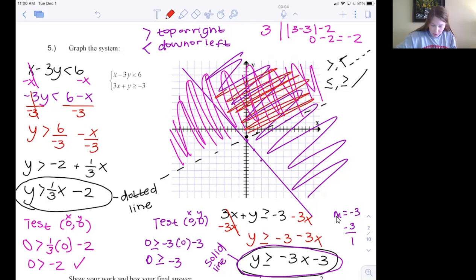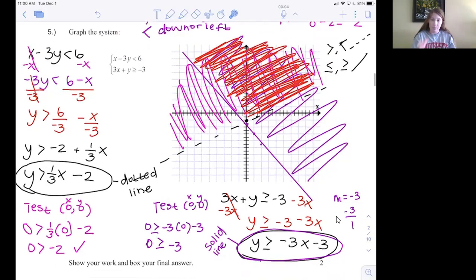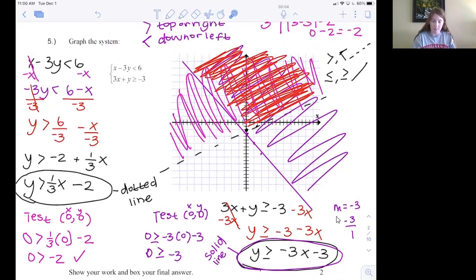So this would be our solution, this red part, which is messy and hard to see. What it's saying is that for these two equations, any point where this red is shaded, you could plug into both these equations and it would be true. So that's graphing our system.